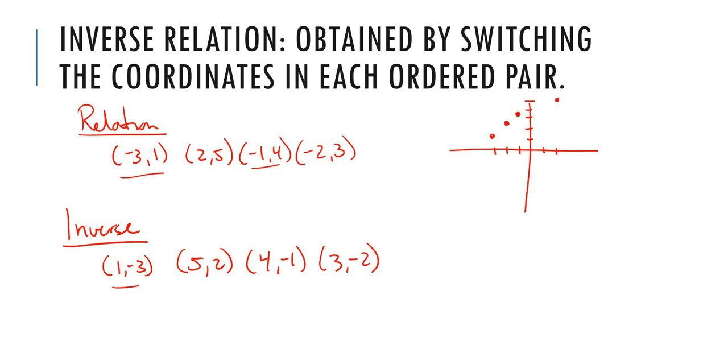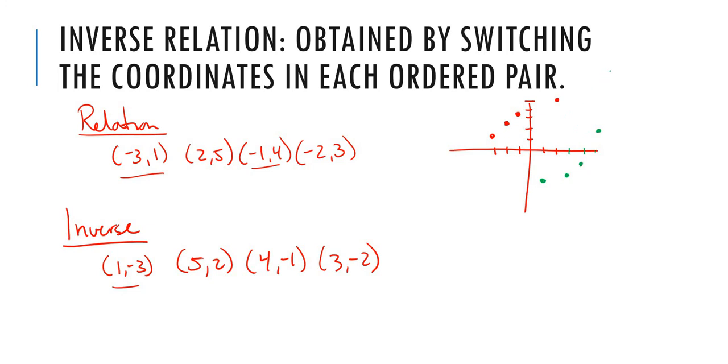There it is. If I want to plot the inverse relation, I can do that. So the inverse would be 1, negative 3, 5, 2, 4, negative 1, and 3, negative 2.